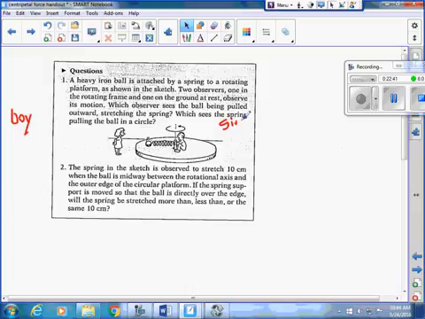Because she's outside, she sees the ball going in a circle. Does he see the ball going in a circle? He does, but only because he can see the outside here. If we built walls in this rotating reference frame and he had nothing to gauge, and if he was born in that rotating reference frame, what would he see? He's never known any world different than this rotating reference frame.